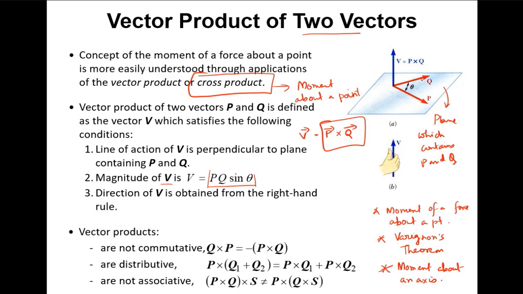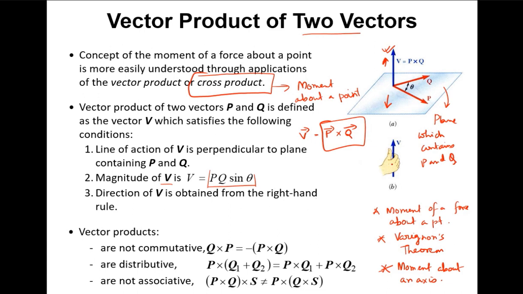Then the line of action of P cross Q will be perpendicular to this plane. And how will I determine if it is along this direction or this direction? By the right hand thumb rule.